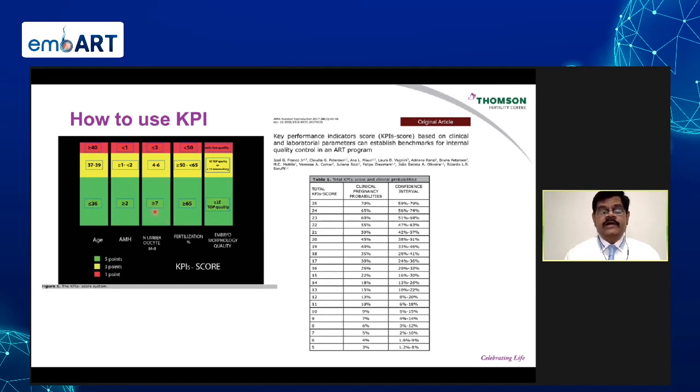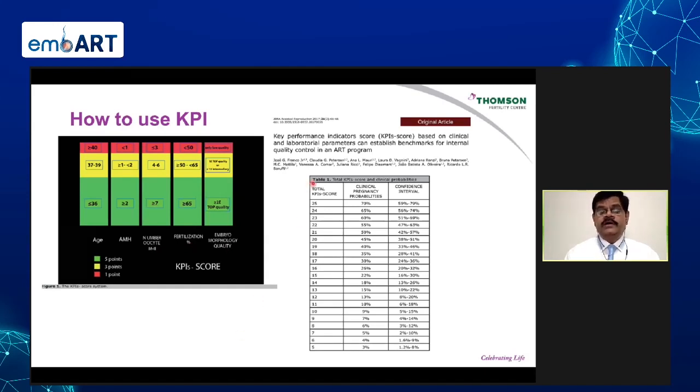So like that, they have given 5 points for all the good prognosis, and 3 points for the mediocre cases, and the poor diagnosis will get 1 point each. So based on that, they get a combined KPI score for age, AMH, number of oocytes, mature oocytes particularly, fertilization rate, and embryo morphology quality.